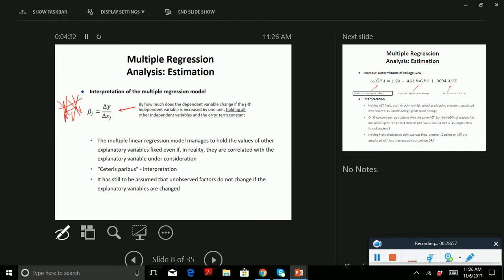So if I tell you to interpret the independent variable BMI, then the assumption is you are holding other things constant, like access to clean water or smoking prevalence, and the error term constant. Only then can you interpret the BMI, right? You can't say that all the other factors are also changing and I want to interpret how the BMI is affecting the total health expenditure in the model that I have used.